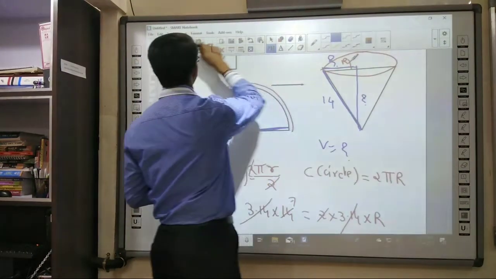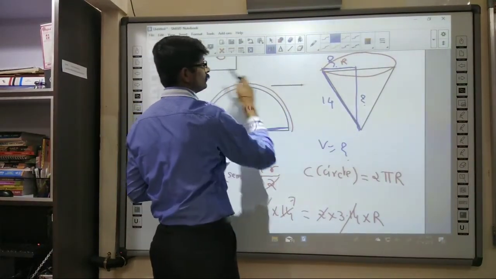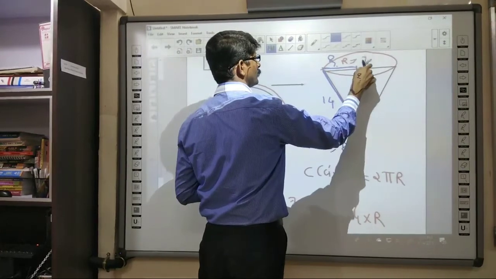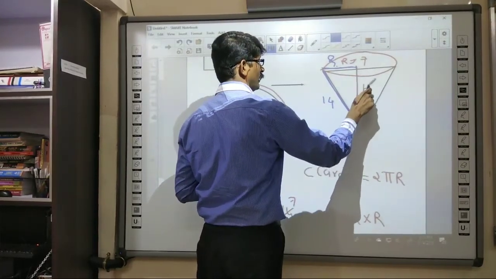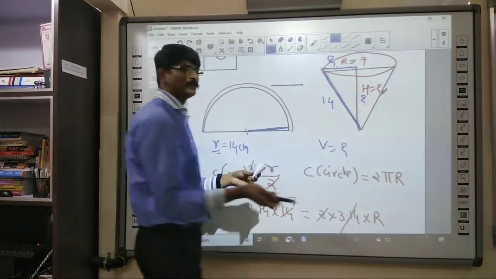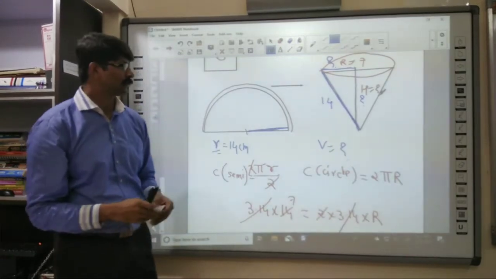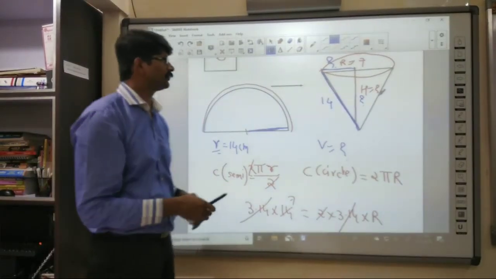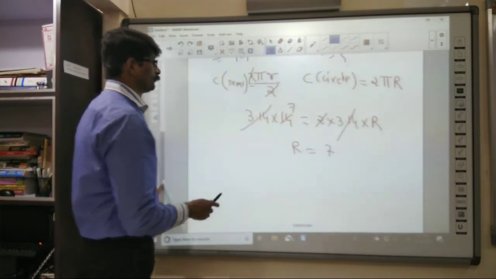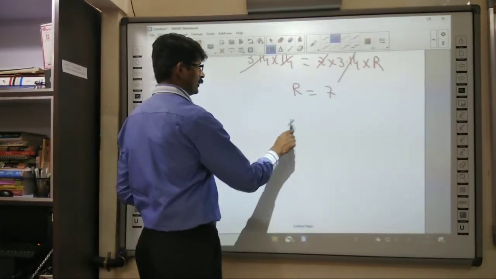And once you have the capital R, the next part of the sum is to calculate this height. How are you going to get the height? Of course, by the Pythagorean triplet, or you can say by Pythagoras theorem. So over here, 14 square, how are you going to get this capital H?